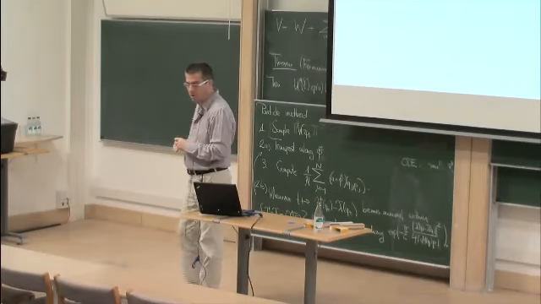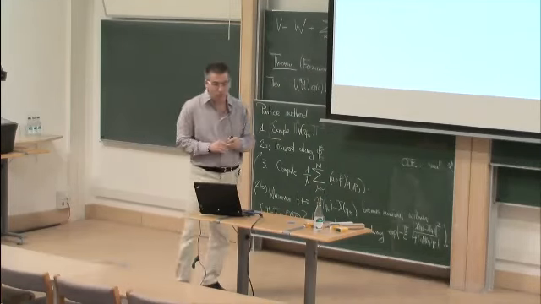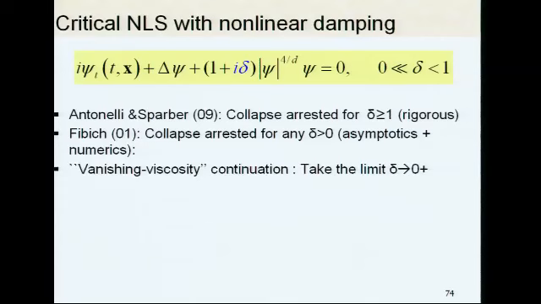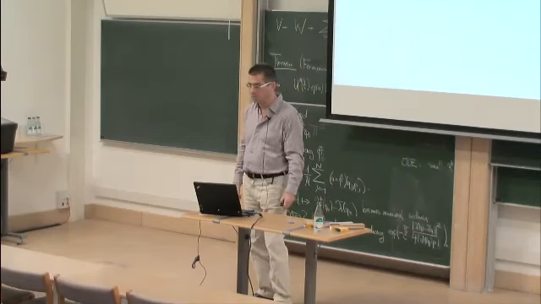But if you are willing to live with asymptotics and numerics, you can show that for any delta positive, there's no collapse. And therefore, you can put this delta, let it go to 0, and still you would have global existence. And therefore, you can use this nonlinear damping as your viscosity in order to get the weak solution.